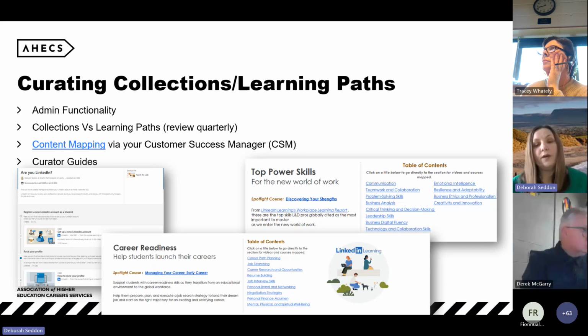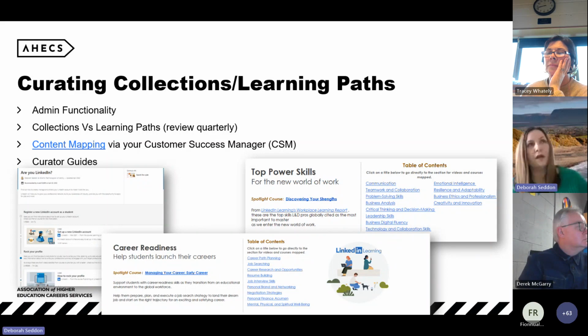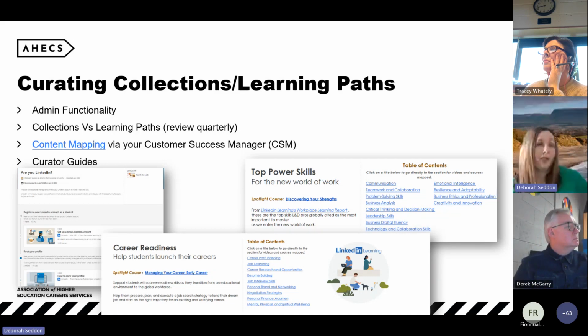After the content mapping, I would then start to set up a collection. Say if I was doing a content mapping, for example, for CVs, I would go through the content suggested by LinkedIn Learning, and I would also have a wider search just to see if there was anything new, and I would look through those resources and pick out the ones that I think are particularly relevant for the cohorts.